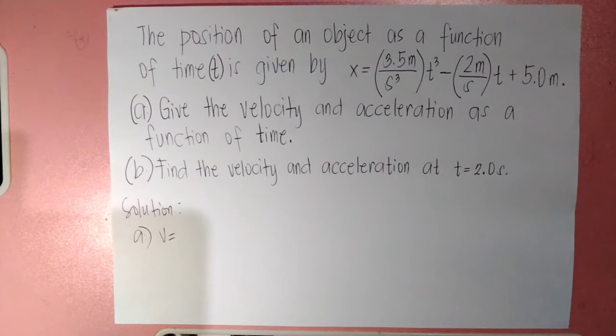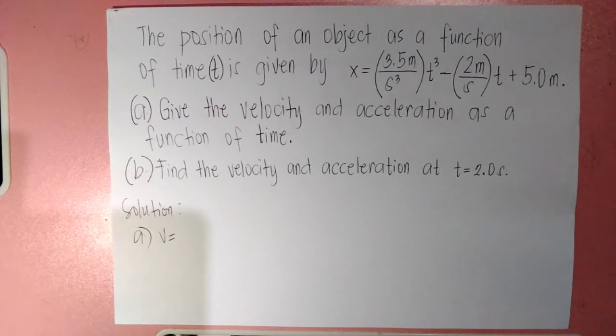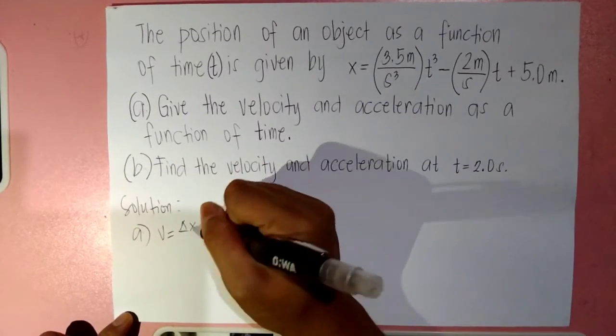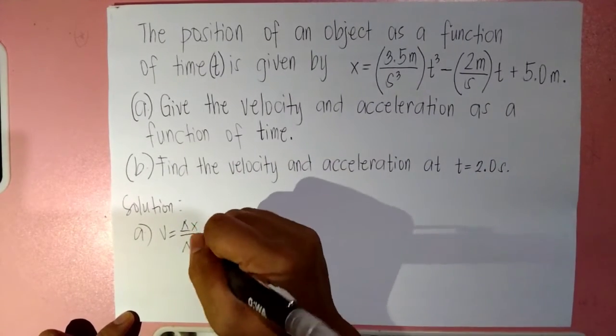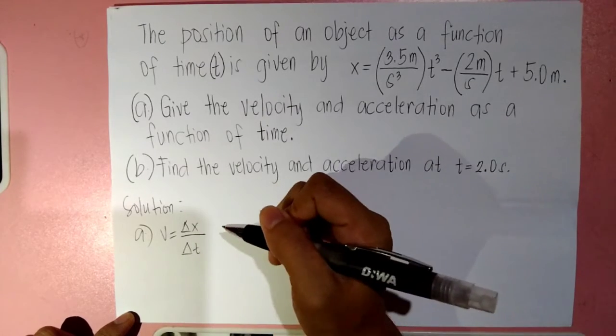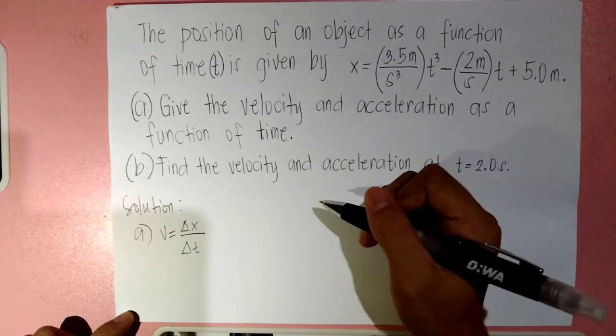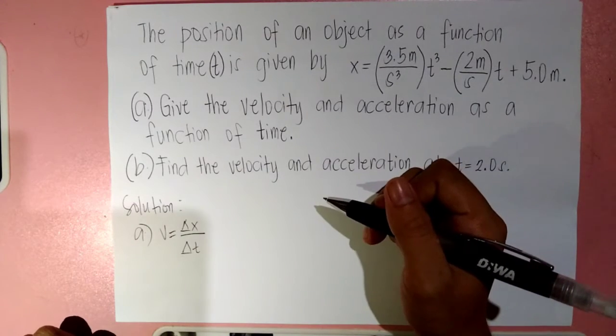So the equation for velocity is change in displacement over time. That could be written as delta x over delta t. I have already introduced this equation in the previous video.